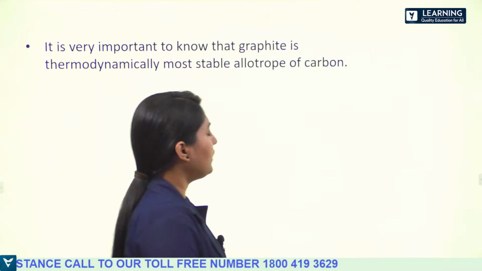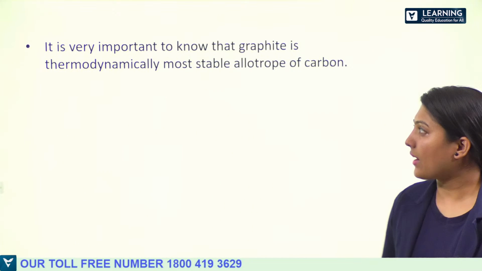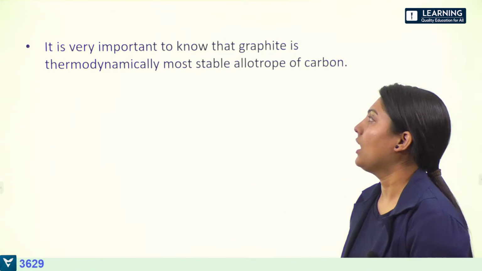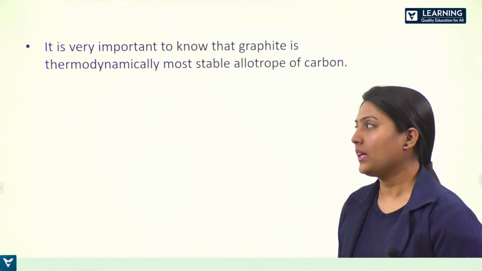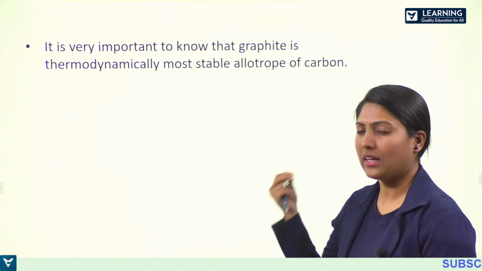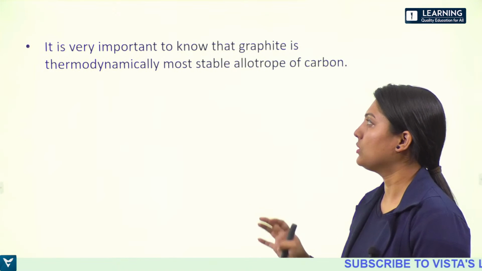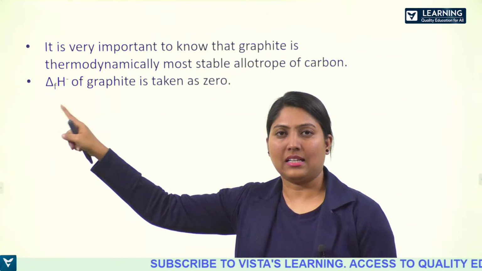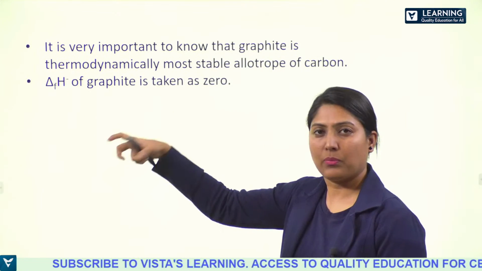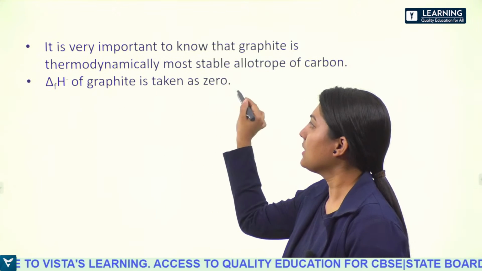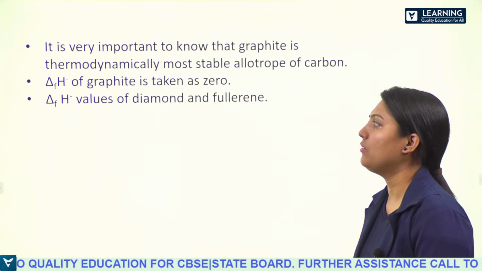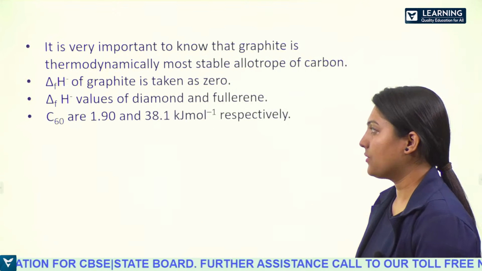It is very important to know that graphite is the thermodynamically more stable allotrope of carbon. The enthalpy of formation of graphite is 0, whereas for diamond and fullerene we have different values.